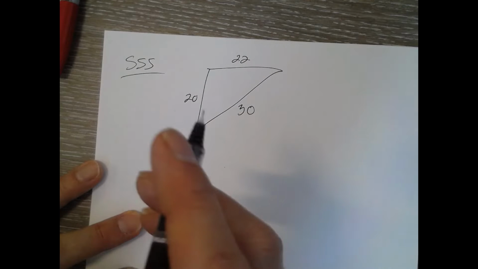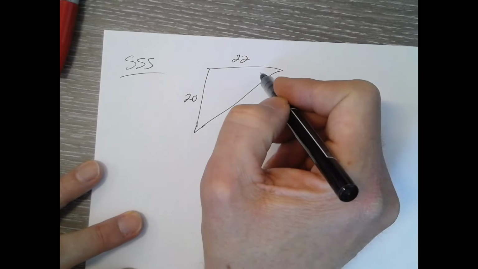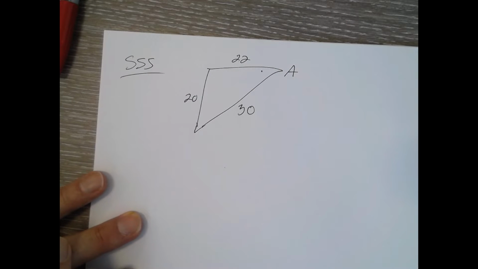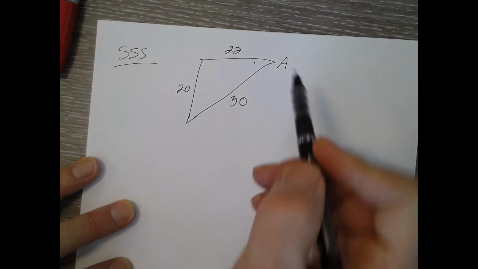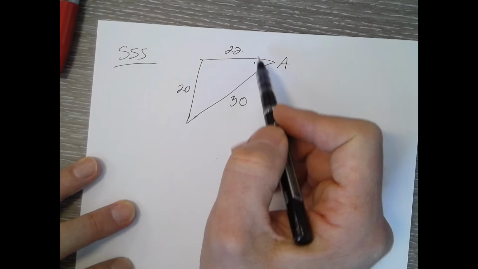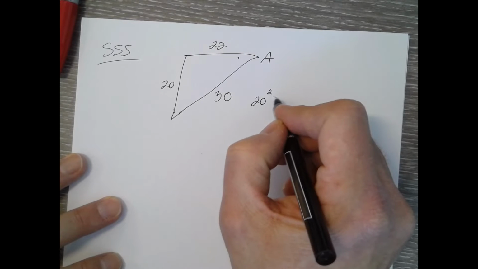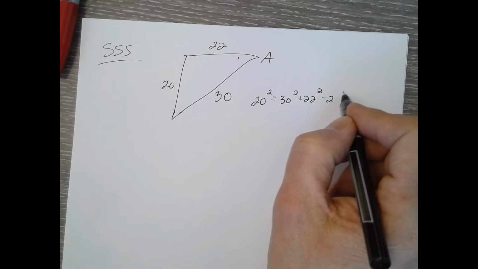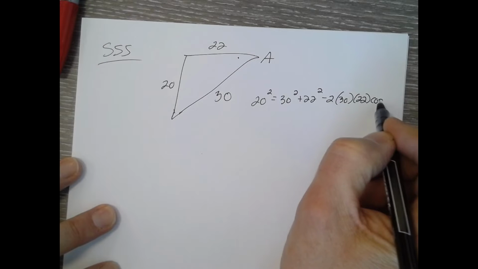So why don't I find this angle, angle A first. So if we know that we're solving for this angle, then 20 is the opposite one. So we can say 20 squared equals 30 squared plus 22 squared minus 2 times 30 times 22 times the cosine of A.